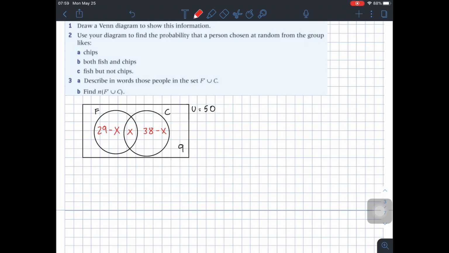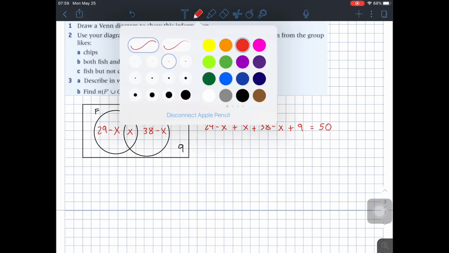I'm going to say that 29 minus x plus 38 minus x plus 9 should give us the total, which is 50. So you see that by doing this, I only get one variable, which is x, and I can solve for x.